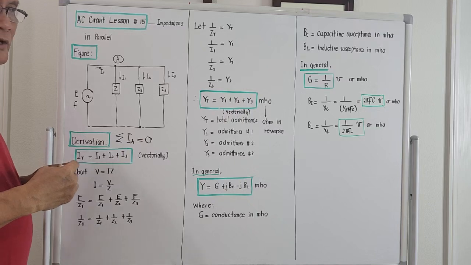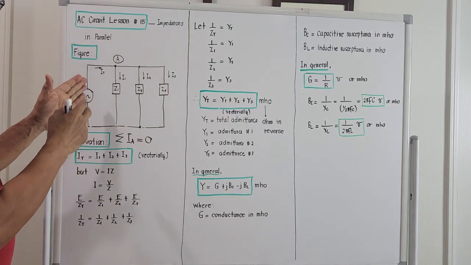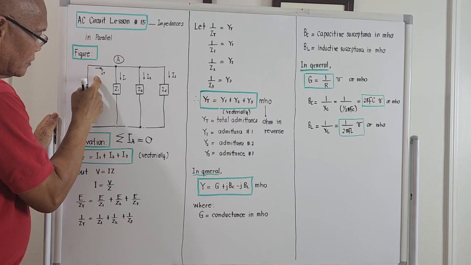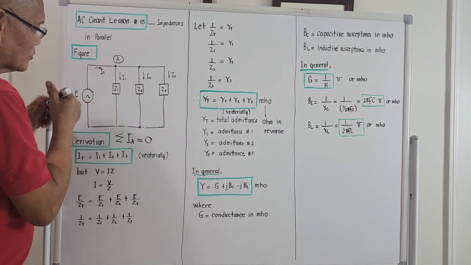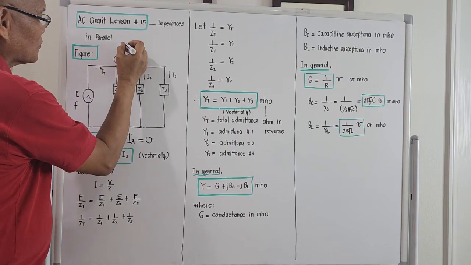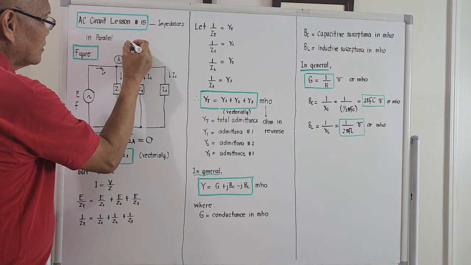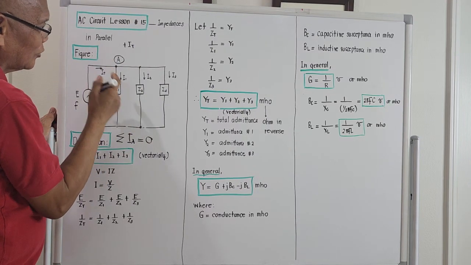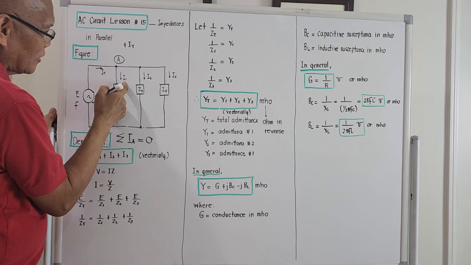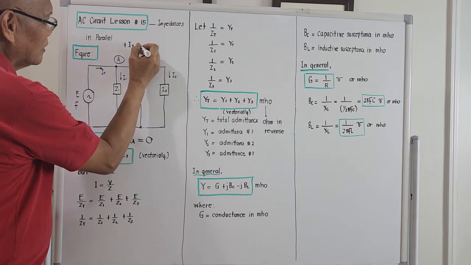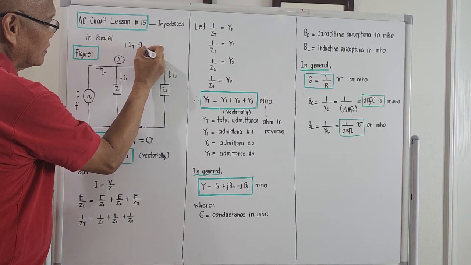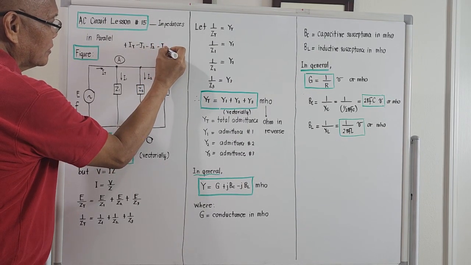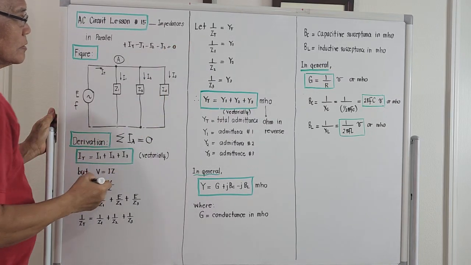That is actually Kirchhoff's current law. If we take the summation of the current here, current entering should be equal to the current leaving. So current entering is plus IT. Current leaving this junction is actually three: I1, I2, and I3. Minus I1, minus I2, minus I3, and this should be equal to 0.